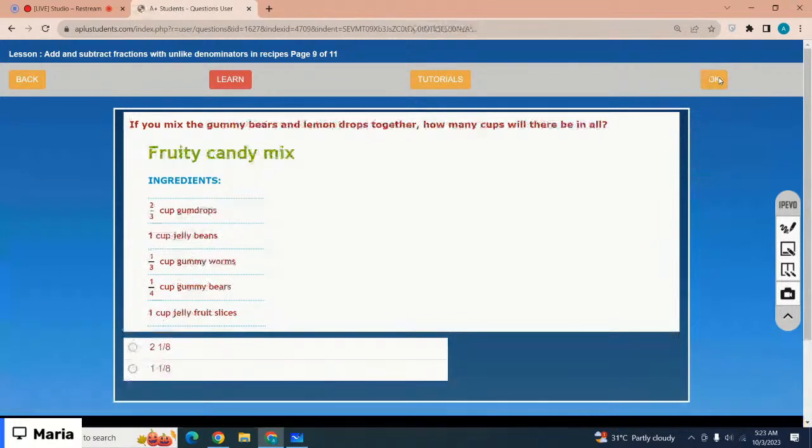Okay, if you mix the gummy bears and lemon drops together, how many cups will there be in all? Gummy bears are 1/4 and lemon drops. You don't have lemon drops, you have gum drops. Okay, you have 2 by 3 gum drops. So, which is the correct option?